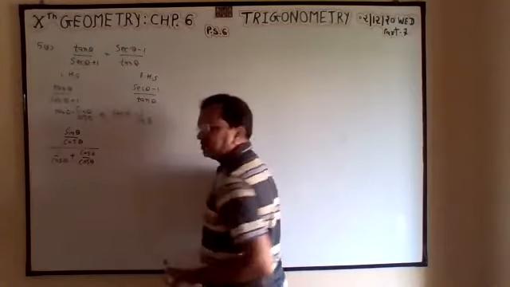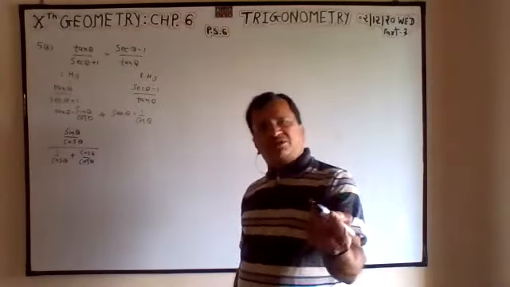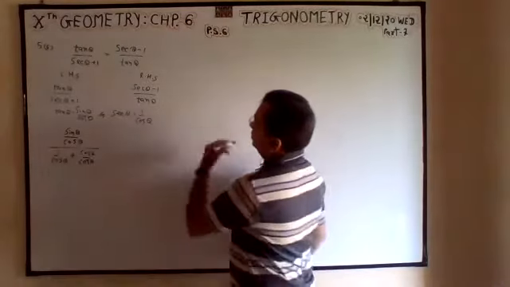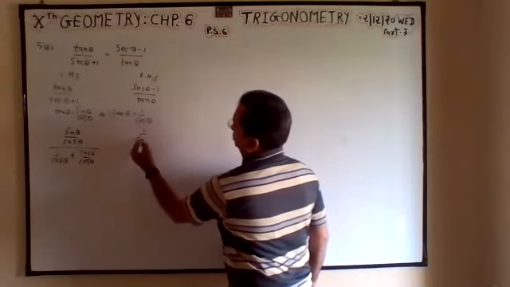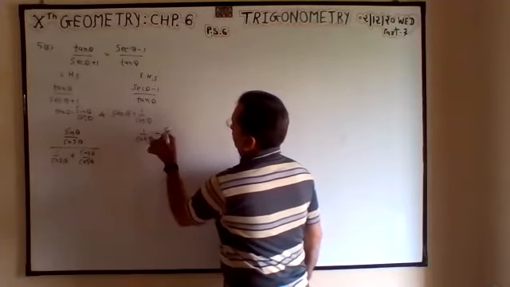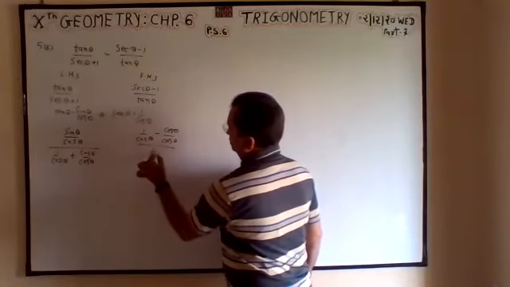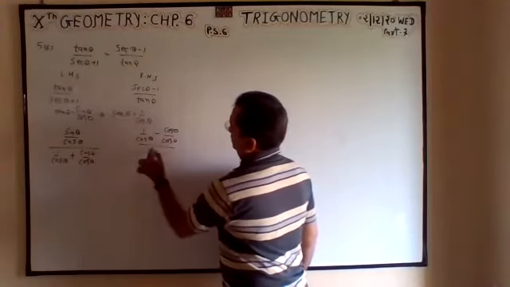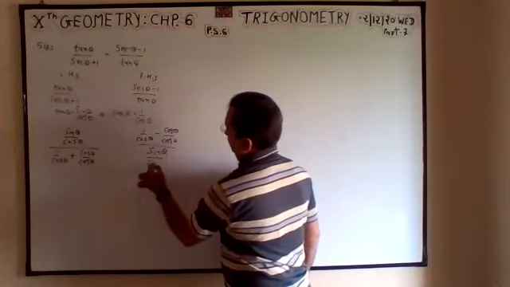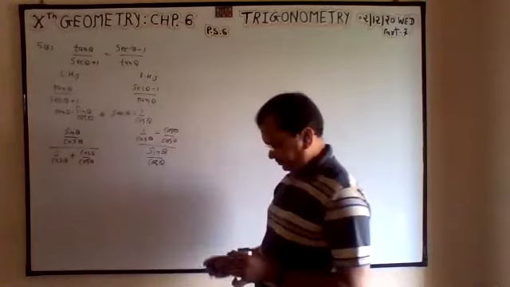On this side sec means 1 by cos minus cos by cos. Tan means sin theta by cos theta.